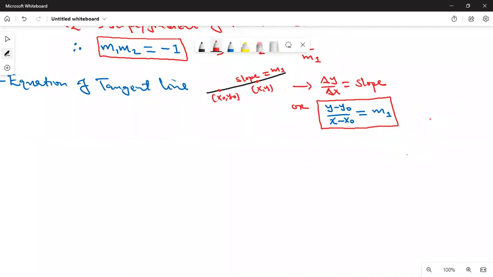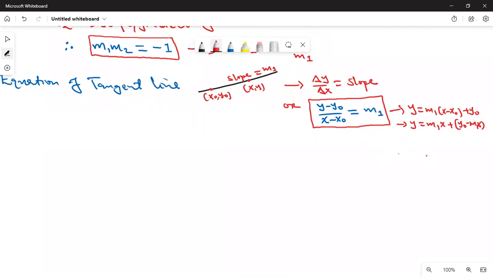You can also write this as y equals m1 times (x minus x naught) plus y naught, which can give you y equals m1x plus y naught minus m1 x naught.